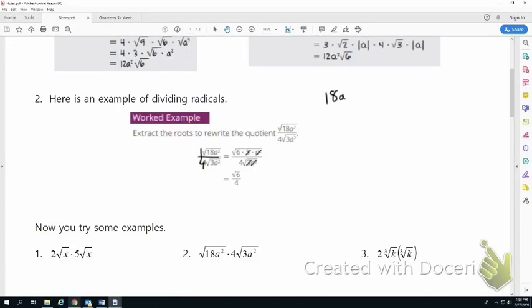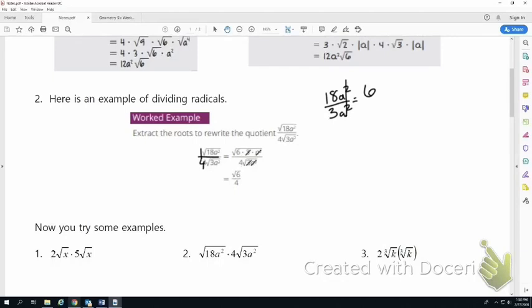If you need to, you can go off to the side and divide those. What's 18 divided by 3? 6. What's a squared divided by a squared? 1. They cancel, right? So I'm left with the square root of 6 over 4, because of the 1/4.